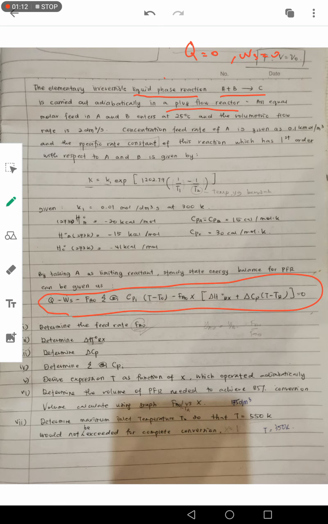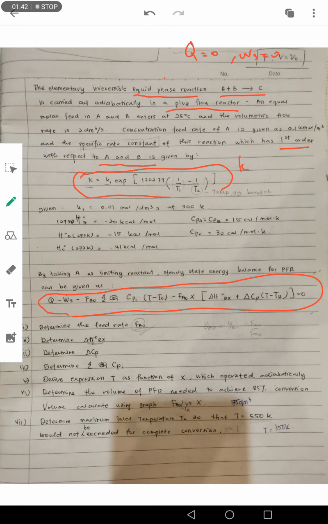Concentration feed rate A is 0.1 and the specific rate constant, which it says the first order with respect to A and B. So ini dia bagi hint untuk rate law. Okay, so dia bagi specific heat constant ni dia bagi dalam bentuk equation.